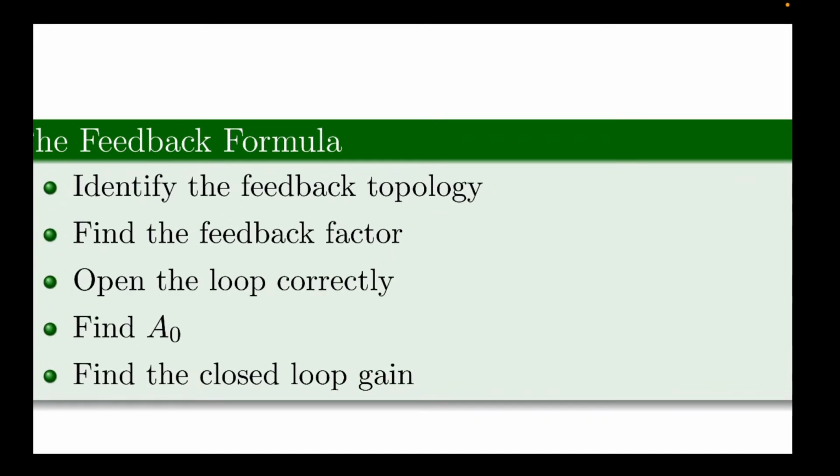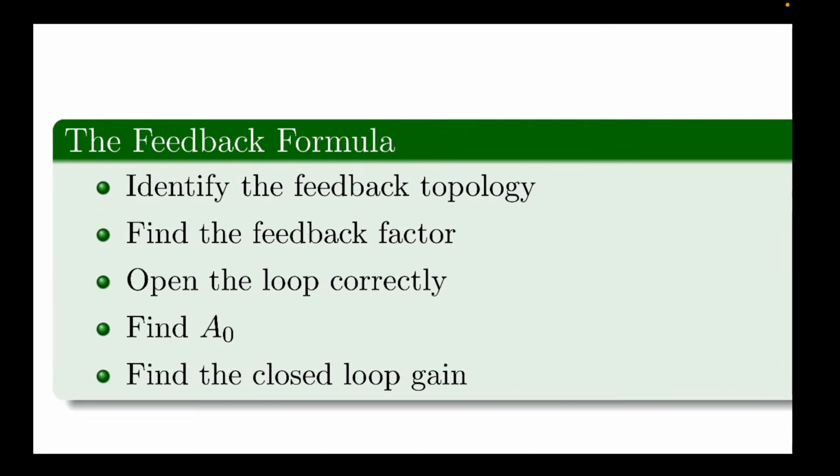Okay, so here's a little formula, the feedback formula, and this will help you solve these kinds of tricky questions. These are pretty big questions. Identify what topology you have. Then we're going to find K or beta, the feedback factor. This part's a little different. In the lectures you might have seen G parameters, Z parameters being pulled out.